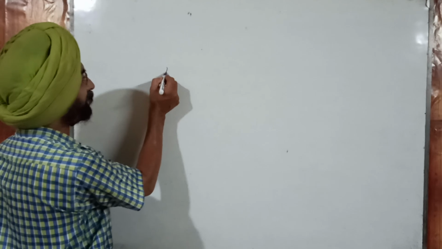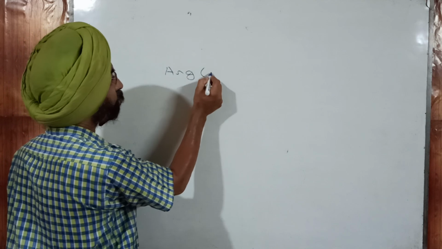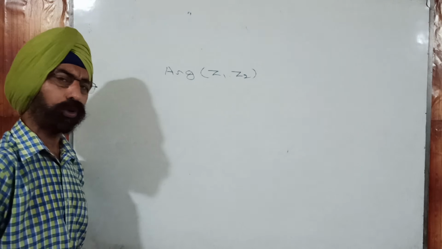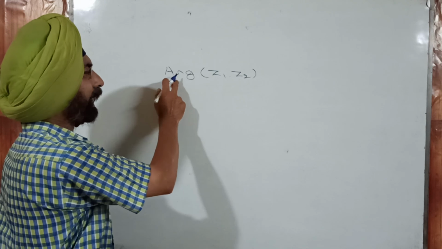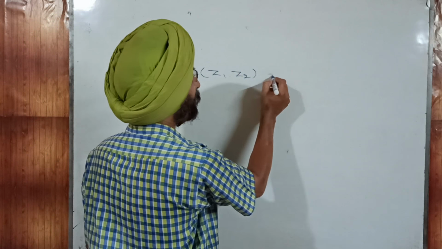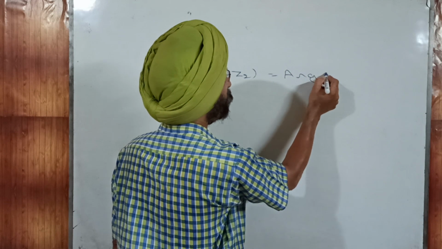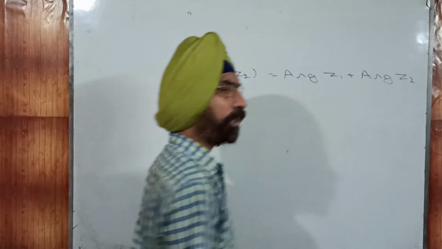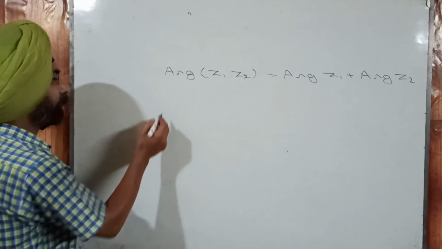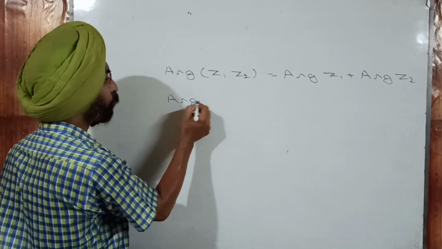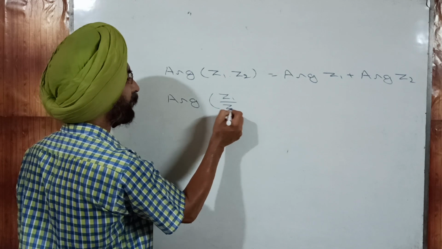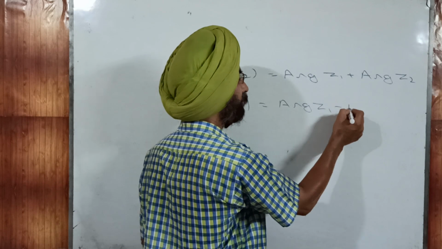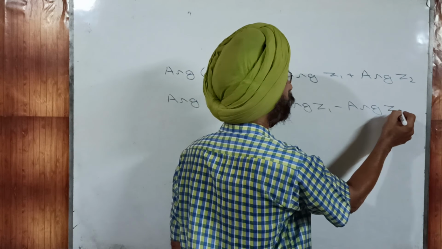One of the properties is that for two complex numbers z1 and z2, argument of z1 into z2 is argument of z1 plus argument of z2. Similarly, the second property: argument of z1 over z2 is argument of z1 minus argument of z2.